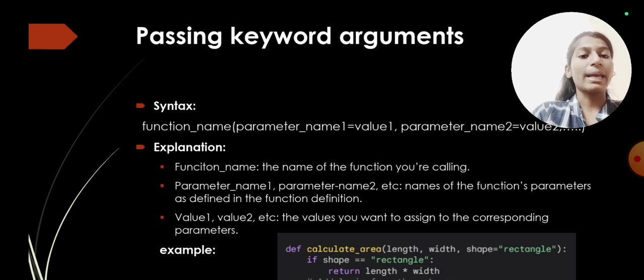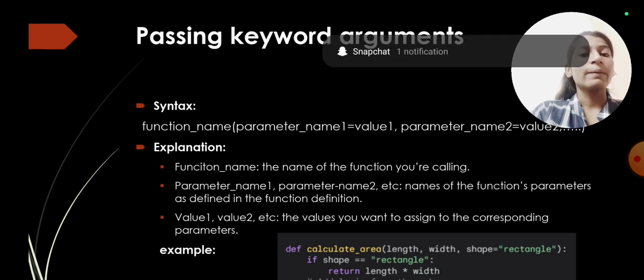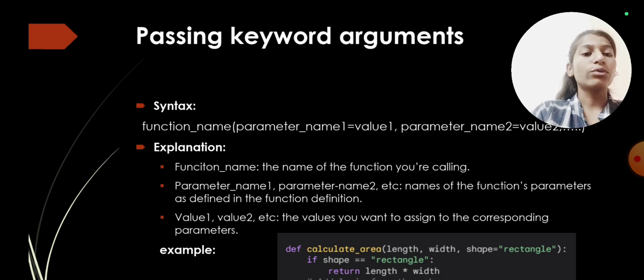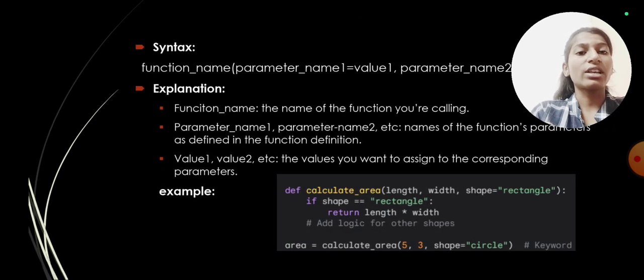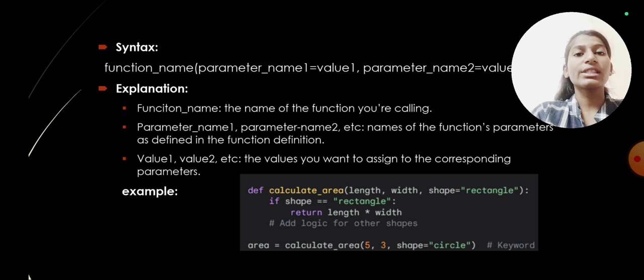Parameter name 1, parameter name 2 are the names of the function's parameters as defined in the function definition. Value 1, value 2, etc. are the values you want to assign to the corresponding parameters. Here I have mentioned an example for this syntax and explanation.